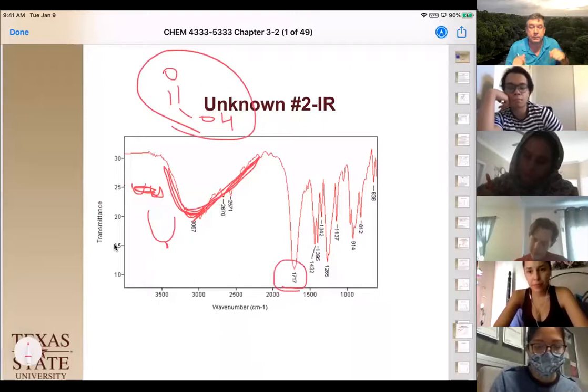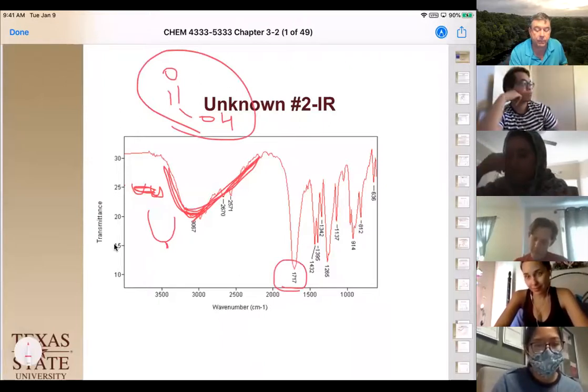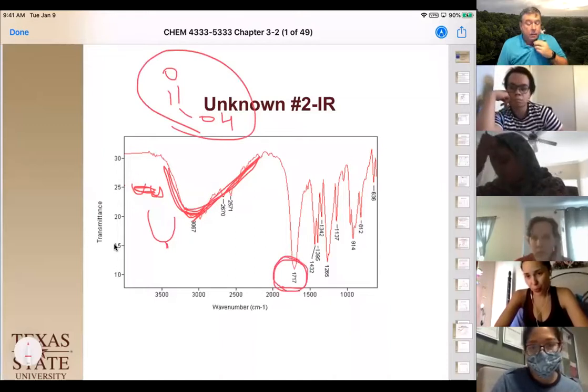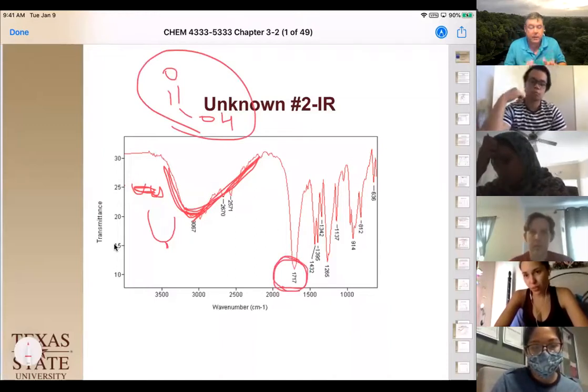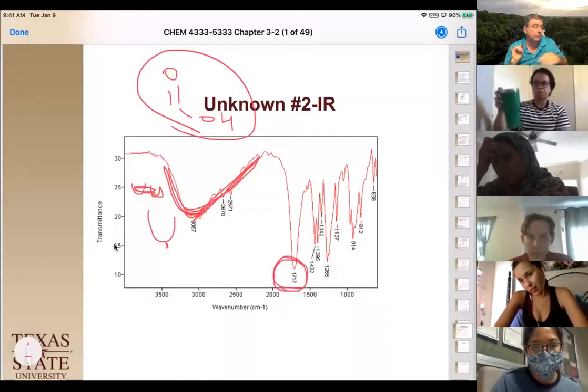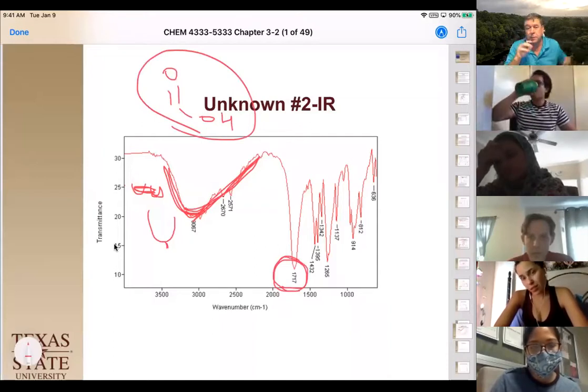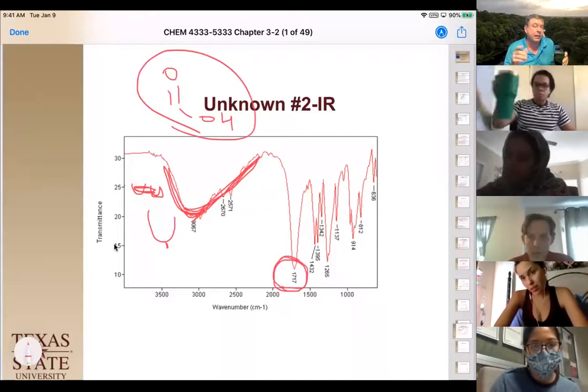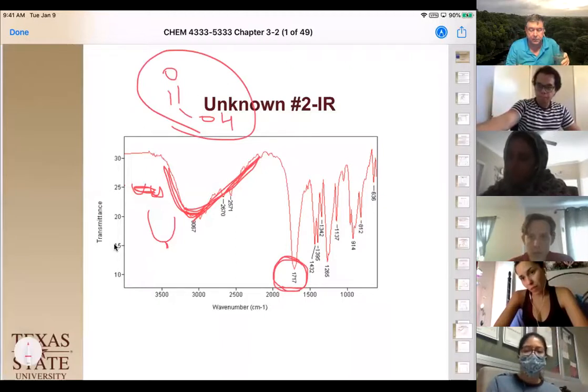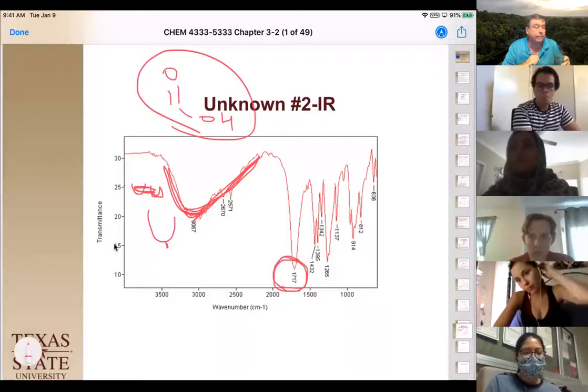Now, the fact that we have that carboxylic acid and that peak is not really shifted way down, below 1700, tells us we might have a dilute sample, so it's not dimerizing too much. But there could be something else in the molecule that changes that.